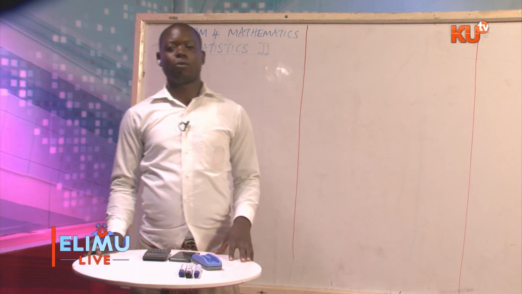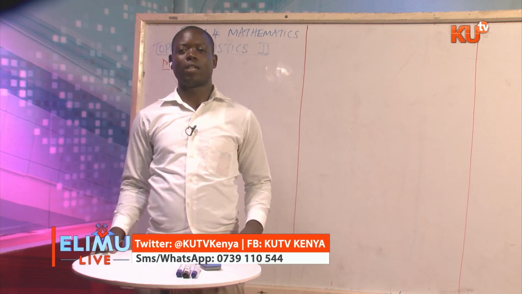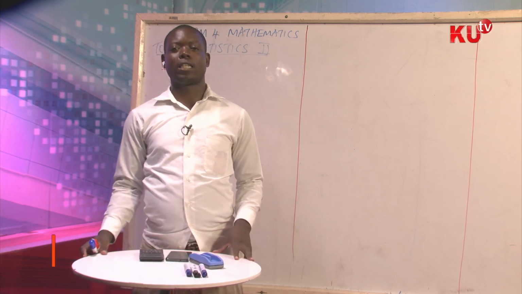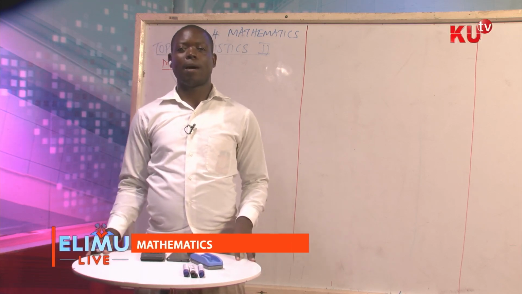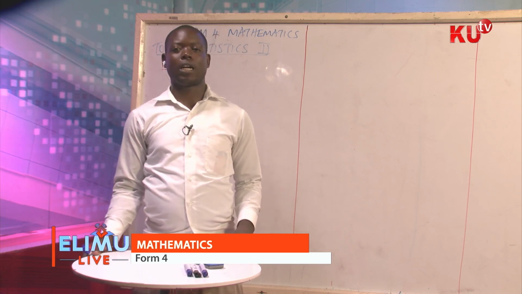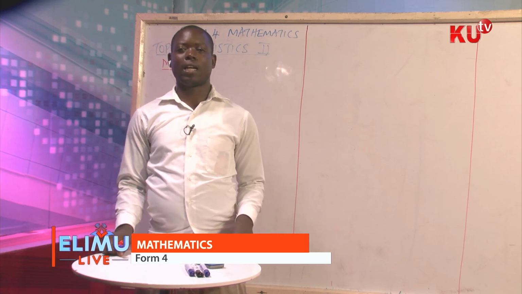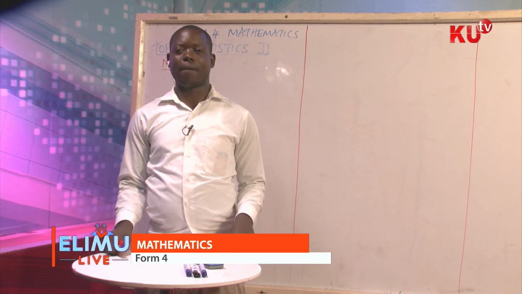Just from Form 2 work, when we discussed Statistics 1, students, we noted that statistics, being a branch of mathematics, has various components and various measures that we analyzed as Statistics 1.